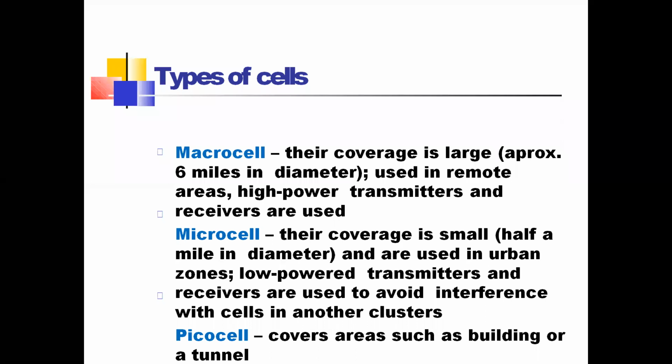For this, you have to use low power transmitters and low power receivers to avoid interference. A cluster is nothing but a group of cells. This is about the micro cell.